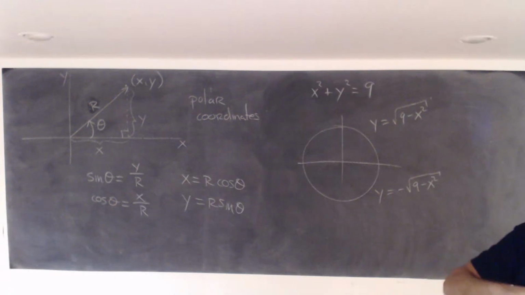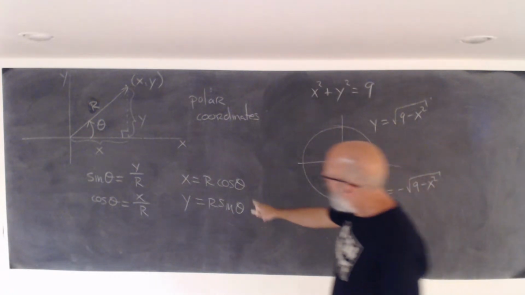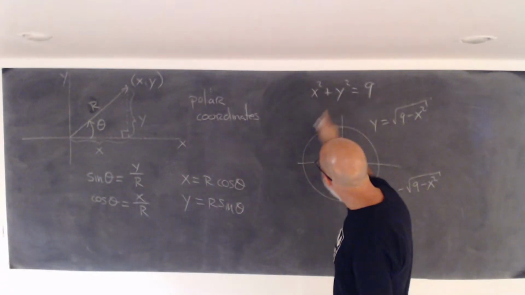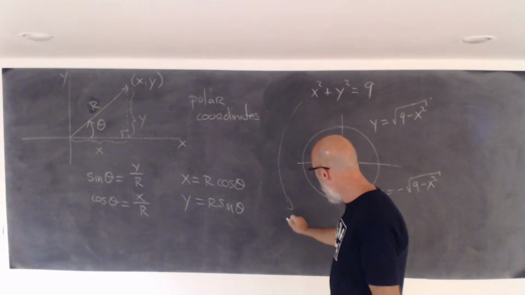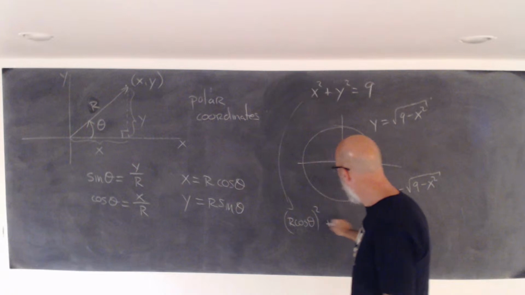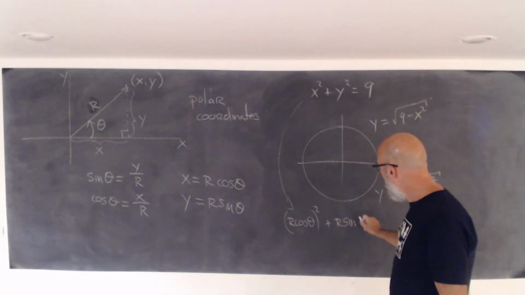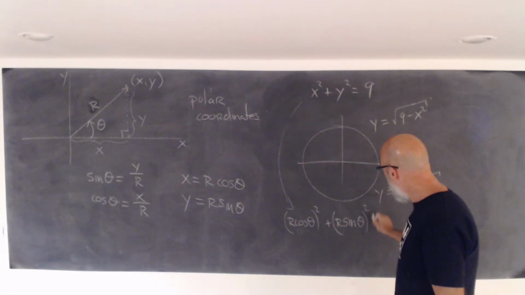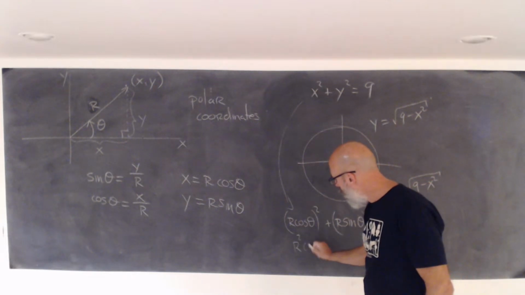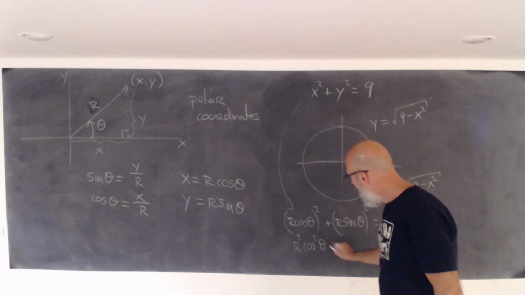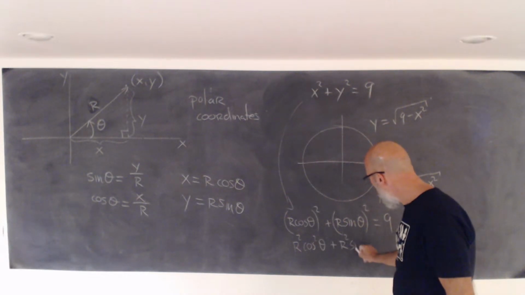In polar coordinates, though, if x is r cos theta and y is r sine theta, if you plug that in, if you transform this into polar coordinates, this is r squared cos squared plus r squared sine squared.